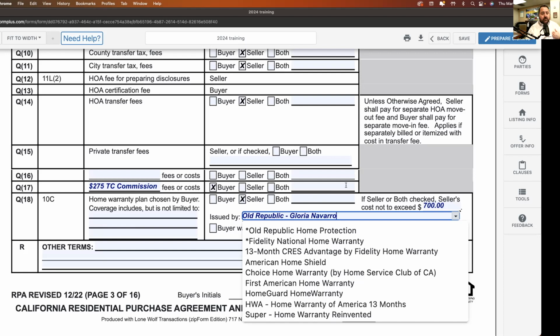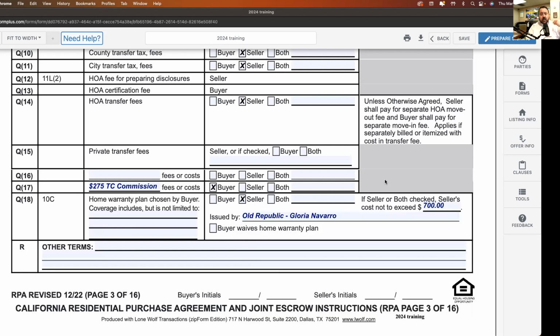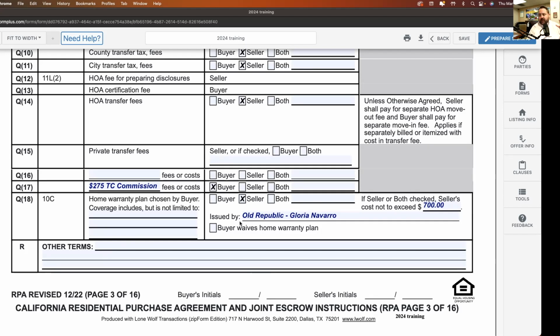Because if we don't do that, when it goes to escrow, if we just have the name of the company, Old Republic Home Protection, then their rep will get the credit for the order. So you have to make sure that you're at least identifying the rep that gets to be used. I know we didn't cover a lot on home warranty today. That was all last week. Anybody have any questions on home warranty before I move to other terms?